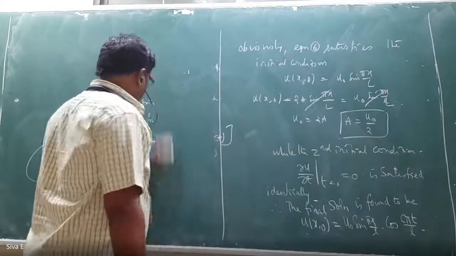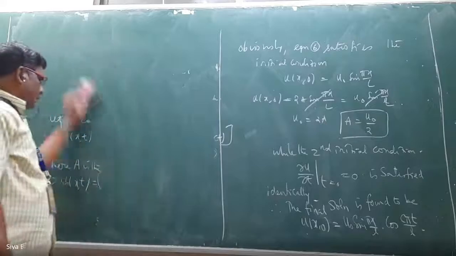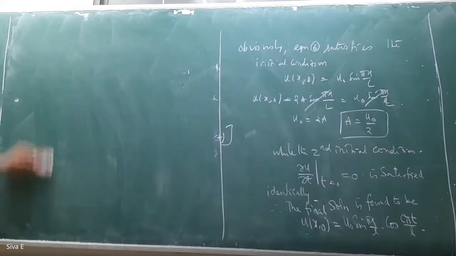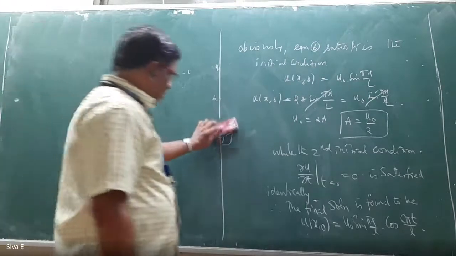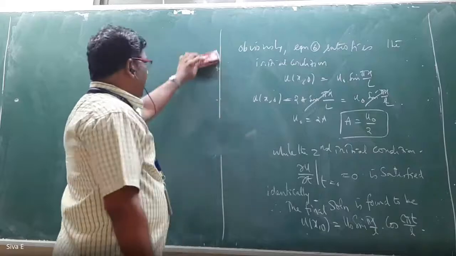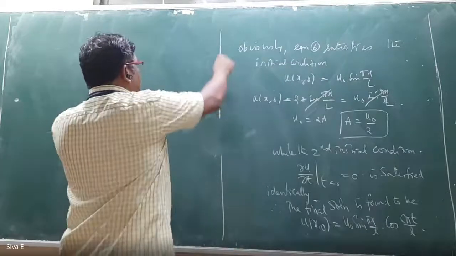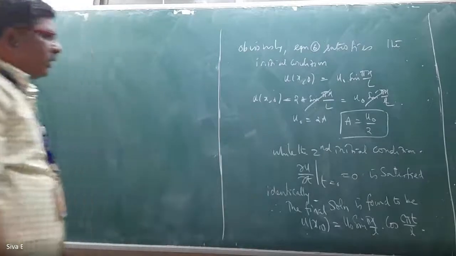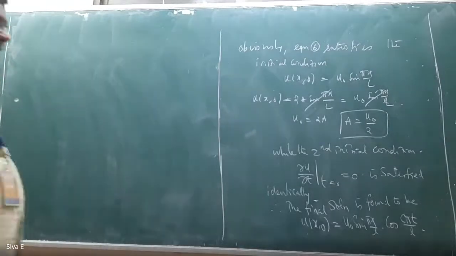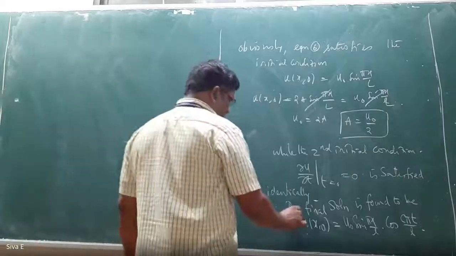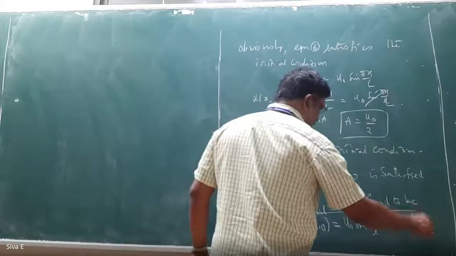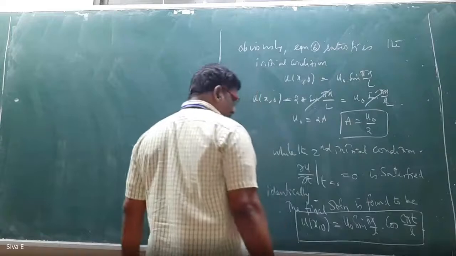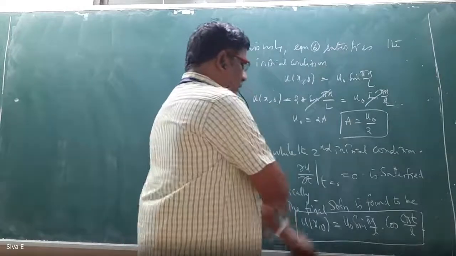So actually, one more method is there to find the solution. Actually, here we are not using any boundary condition. We have to apply the boundary condition, then only can we find the exact general solution of the one-dimensional wave equation. So here, okay, this is a final solution, but we are doing it approximately only.